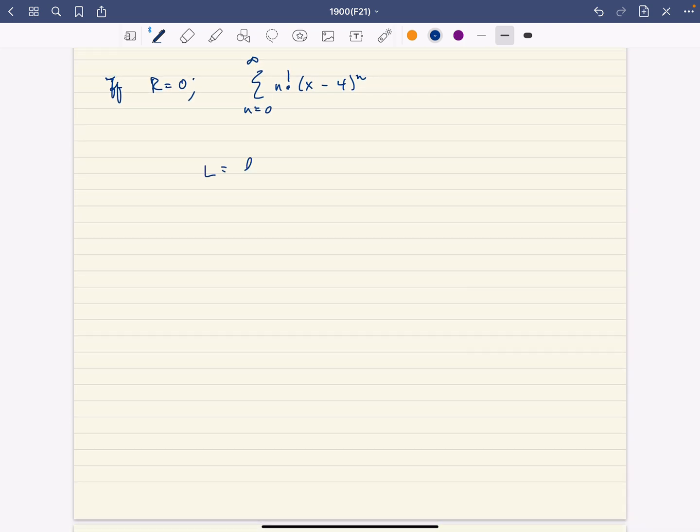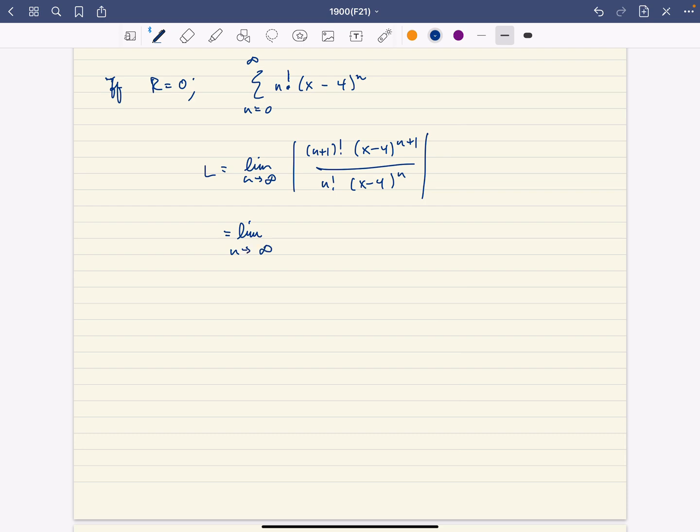L is going to be the limit as n goes to infinity. We're going to look at the n plus first term over the nth term. Okay, and then as usual, n plus 1 factorial over n factorial is n plus 1.